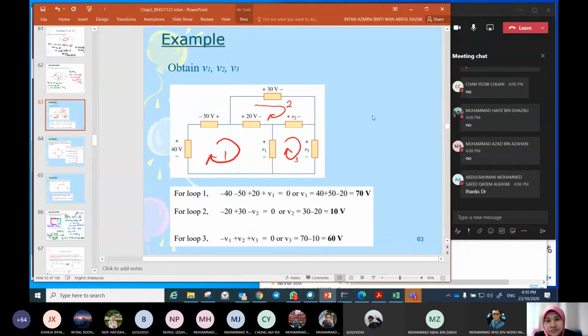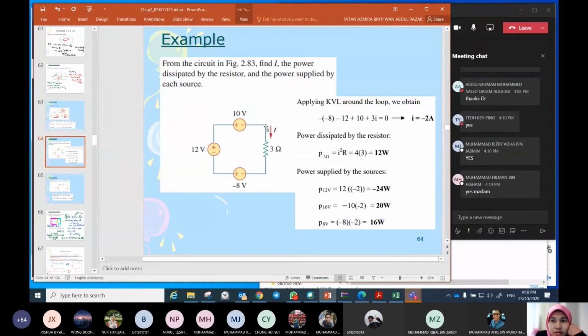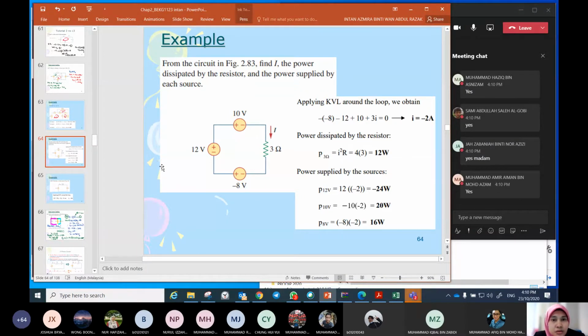Can I understand this? If can understand, type yes here. Yes. Okay, good. Okay, this is the next example, the very basic example also. So this is very basic principle of what?